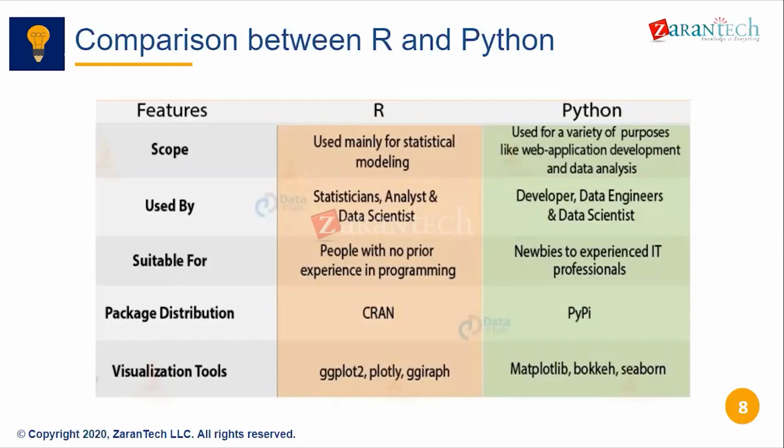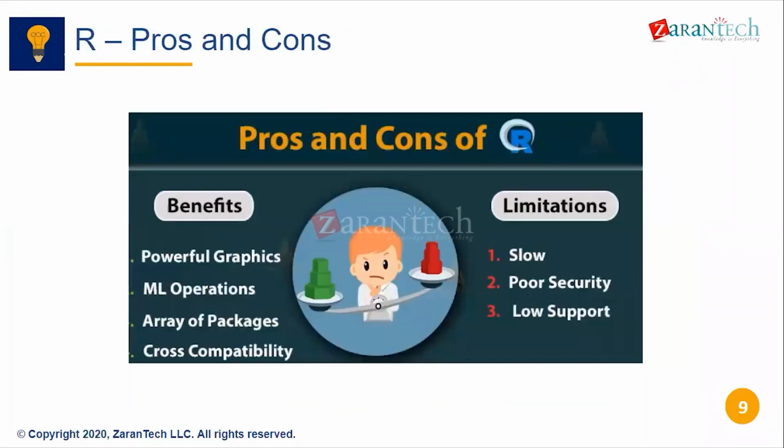So these are some of the visualization tools. We'll see some of them as we go on into the sessions. R has very powerful statistical tools. But one of the problems of R is that it is open source.